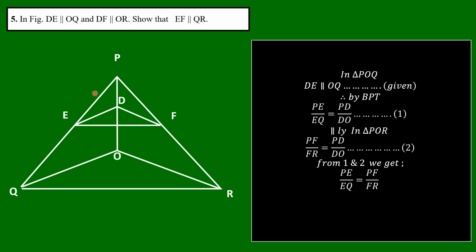So in this triangle PQR, EF is dividing PQ and PR in the same ratio, so we can write by the converse of BPT that EF is parallel to QR, right? So this is the first part of this second exercise.